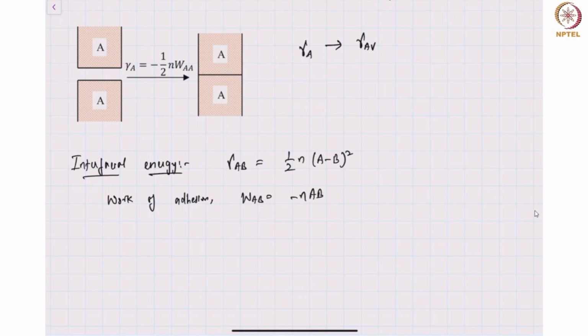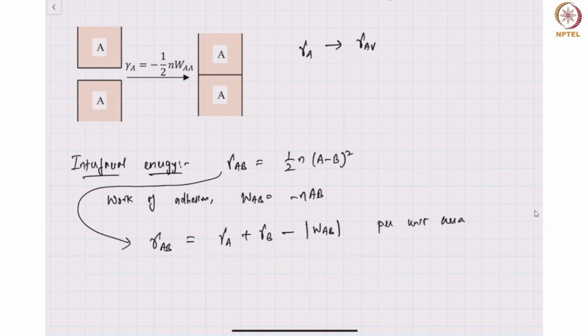This is very different from the work of addition. Now this gamma AB that I have here can be written as gamma A plus gamma B, which is just an expansion of this (A minus B) whole square that we had seen, minus WAB. This is per unit area.